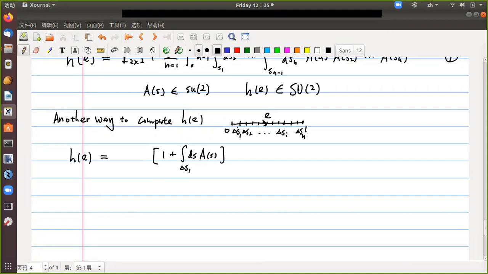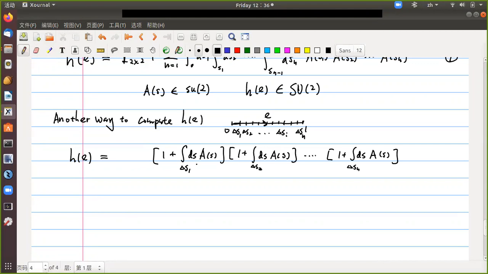This is the holonomy along delta S1, and because delta S1 is very small, this exponential can be linearized. Then you have to multiply by the term for delta S2, and so on, up to delta Sn.